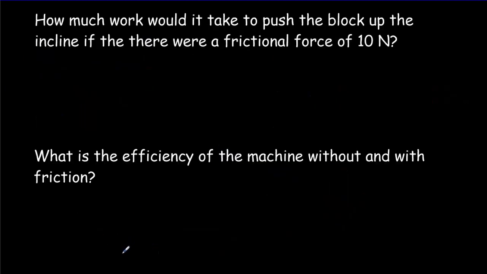So now let's take a look at the efficiency if we add some friction. So our input work would be the amount of work done to move it along the incline. So we're going to have to use a force equal to that mg times 3 over 6. That's the component of the weight along the incline, mg sine theta. Plus, we've got to add on an extra 10 newtons of frictional force.